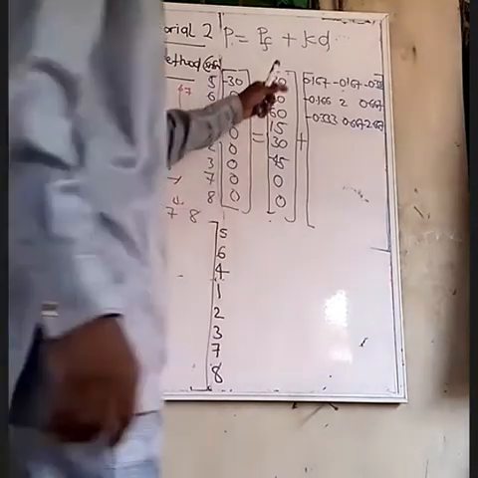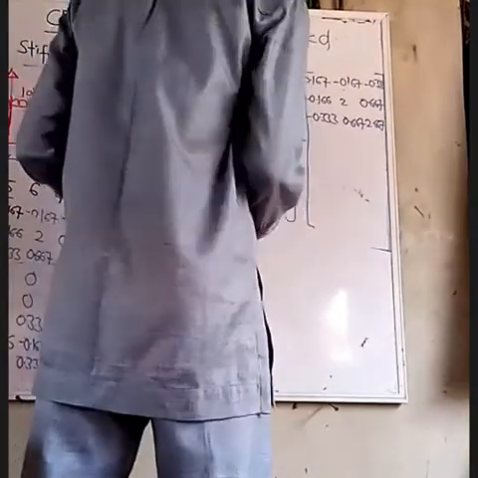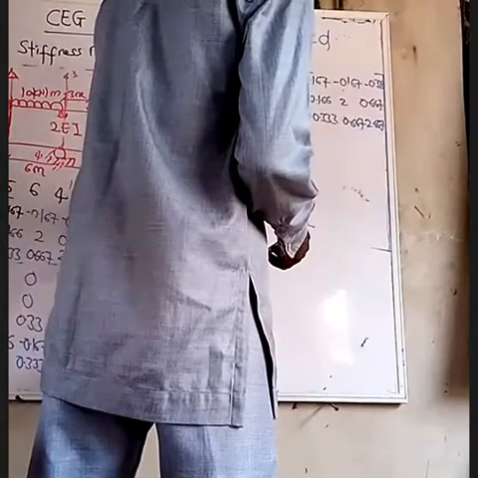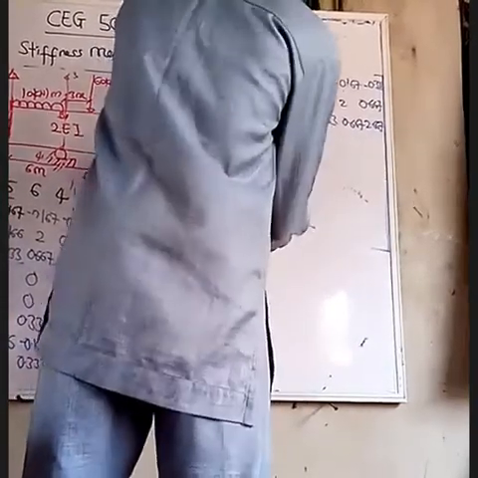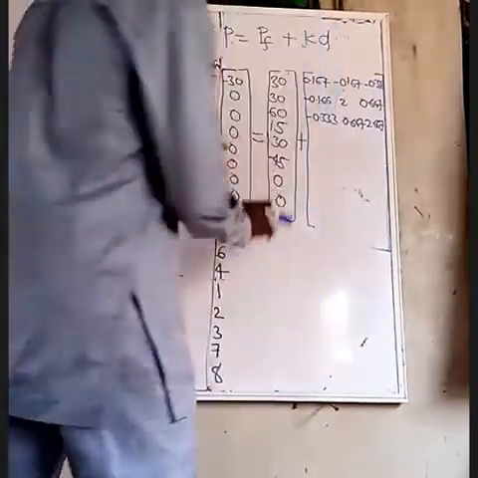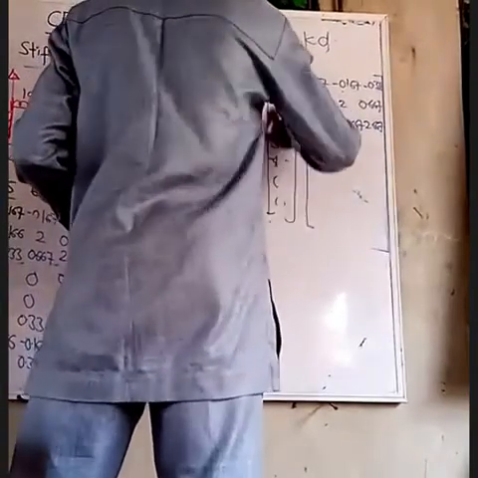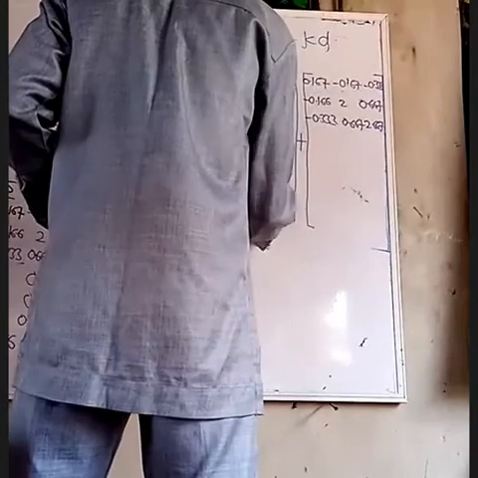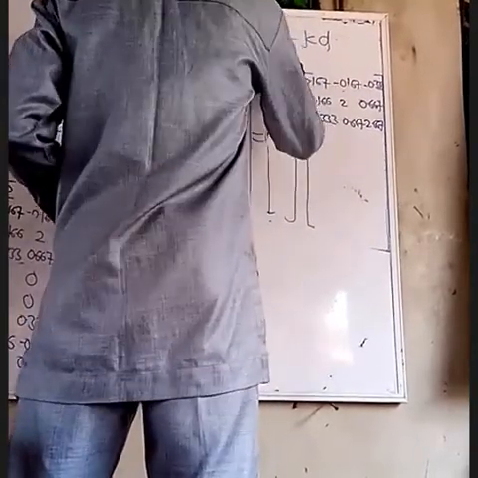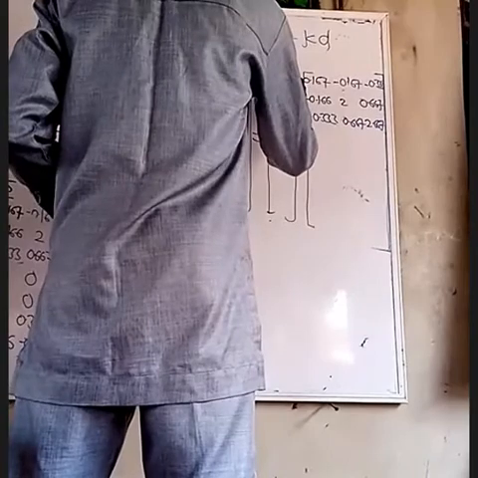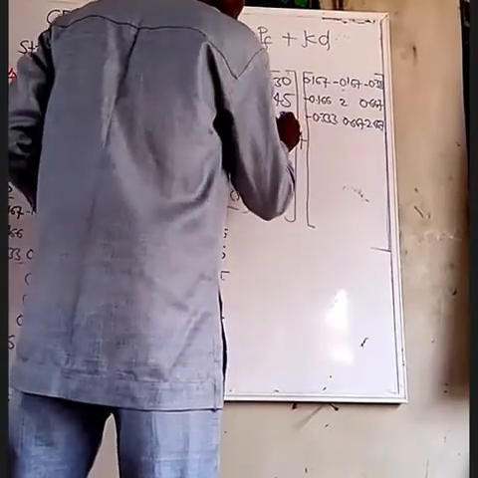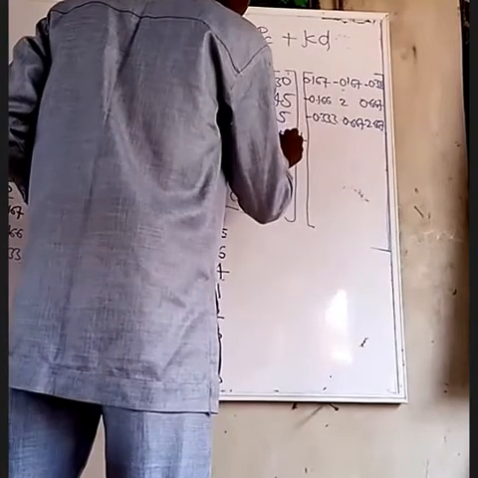What would it be? Oh, it should be 30, minus 45, 15, 30, 30, 60, 0, 0.